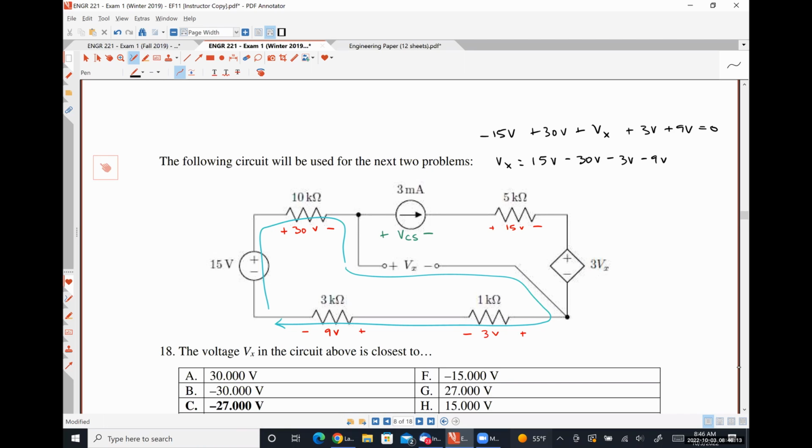Finding Vx. So we say that Vx is equal to -27 volts, right? Right.